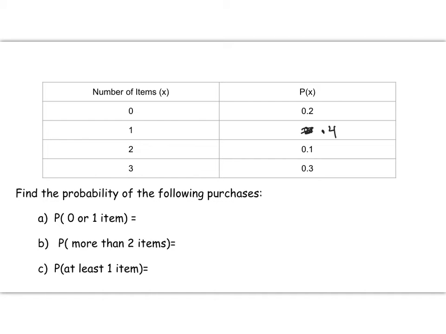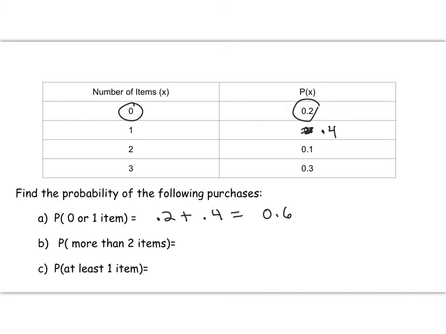All right, we're going to calculate the following probabilities. What is the probability that a shopper purchased 0 or 1 item? Since we already have the probabilities calculated for us, we can look here at 0. That's 0.2, or 1 is going to be 0.4. So the probability of 0 or 1 is 0.6. The probability of purchasing more than 2 items.